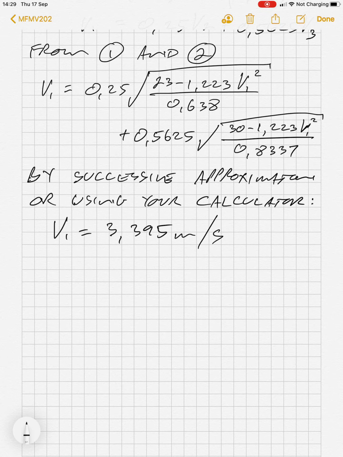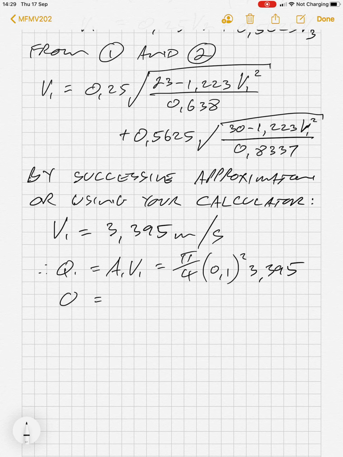If we want to take that back to discharge, Q1 equals A1 V1, which is pi over 4 times 0.1 squared times 3.395.